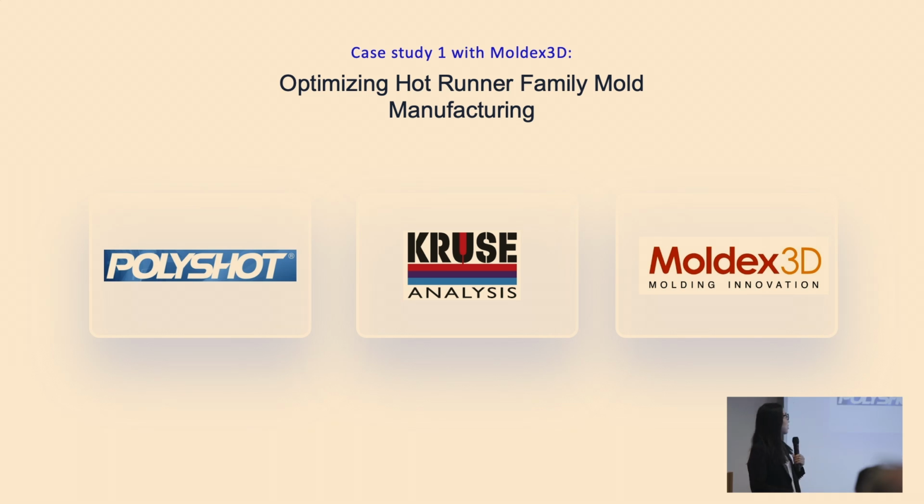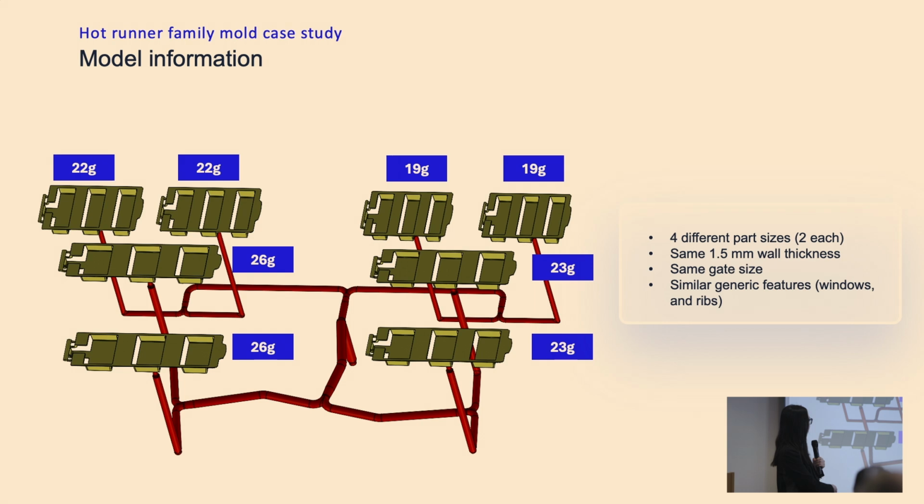So for the first one, I would like to talk about how our customer, Polyshot and partner Cruise Analysis, use our software to optimize hot runner family mold manufacturing. And thank you to them for providing the analysis for us to share today.